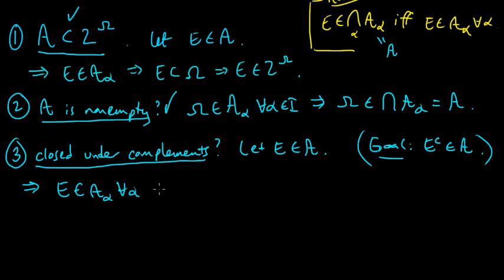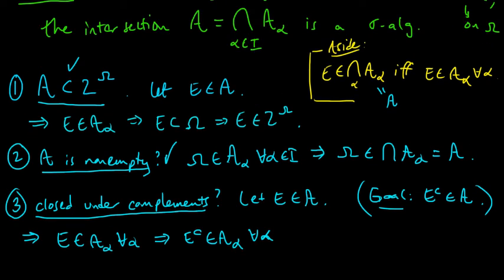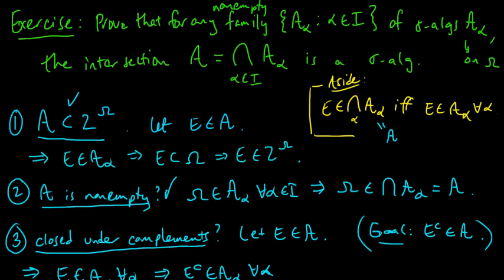So for any alpha, E complement is in A alpha because it's closed under complements, and that holds for all alpha. Just one of the properties of a sigma algebra, which we are assuming for each of the individual ones.